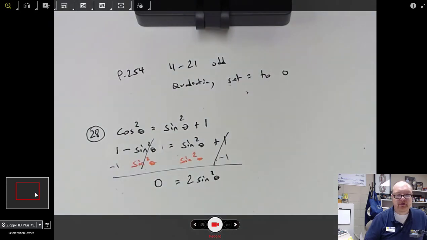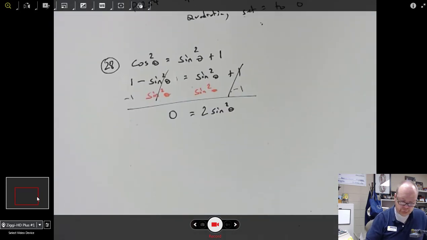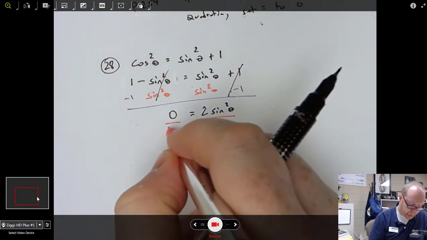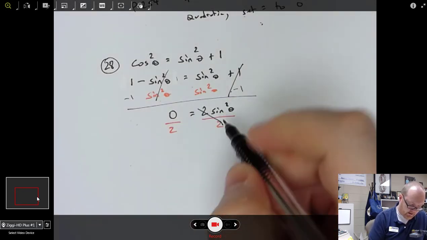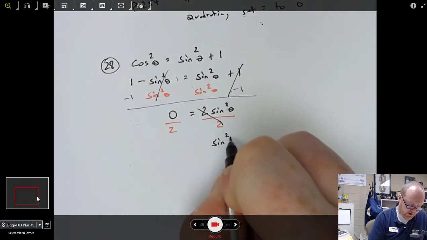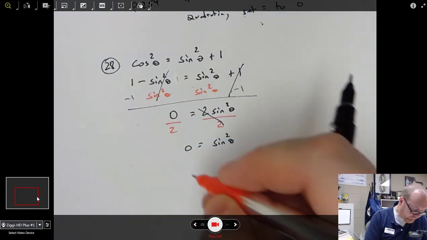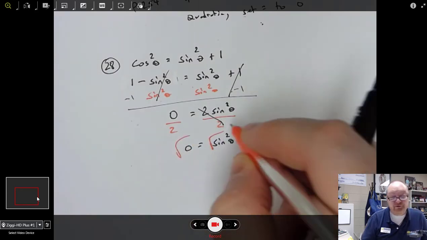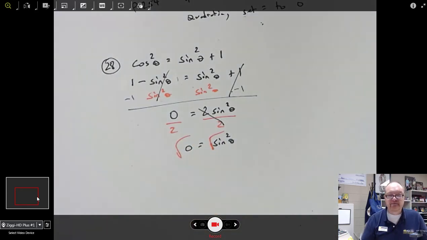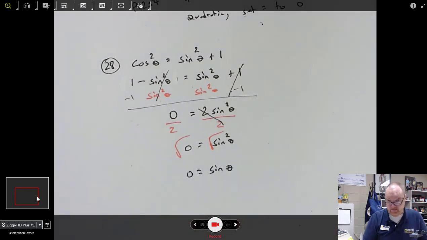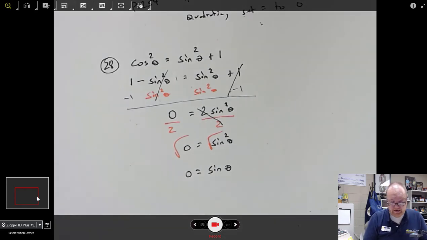And then dividing both sides by 2, I'm left with sine squared equal to 0. And again, I'm going to take the square root of both sides. Officially, we get a positive and a negative, but it just doesn't have any meaning in the world of 0, does it? 0 has no sign. So I'm interested in places where sine is 0.